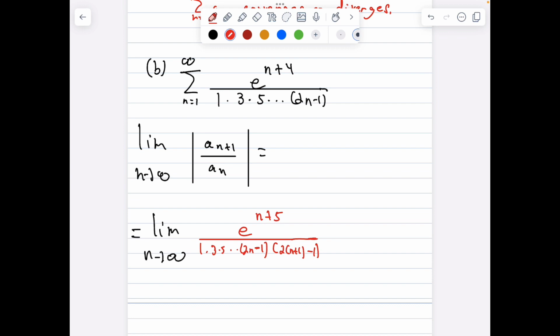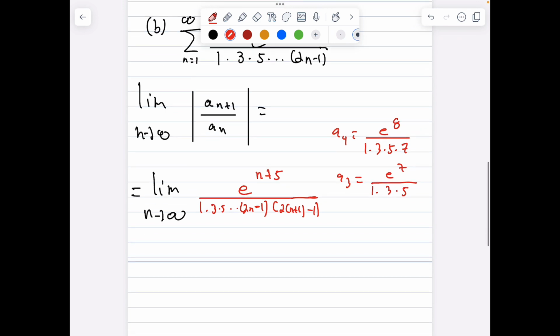Let's say you figured out what a_4 was. a_4 would just be e to the 8th over 1, 3, 5, and then 2 times 4 minus 1 would be 7. And if you found a_3, that would be e to the 7th over 1 times 3 times 2 times 3 minus 1, which is 5.